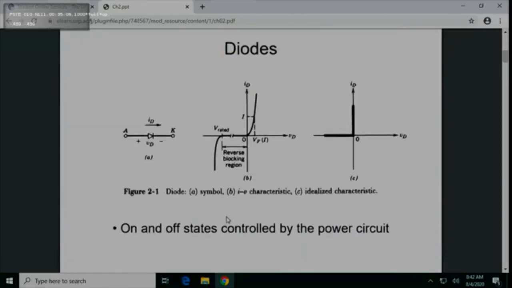Now diodes, the most famous. Let's see if it starts working.